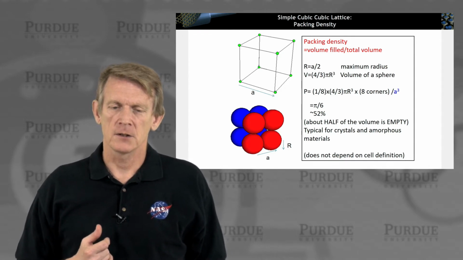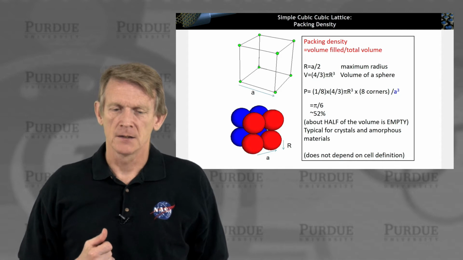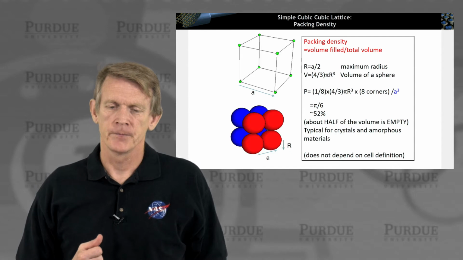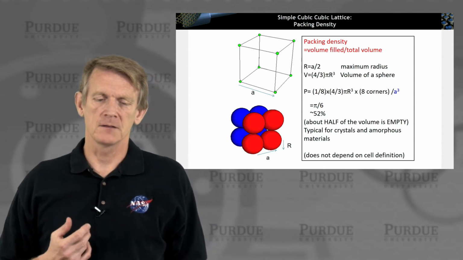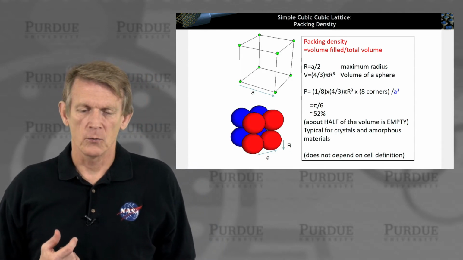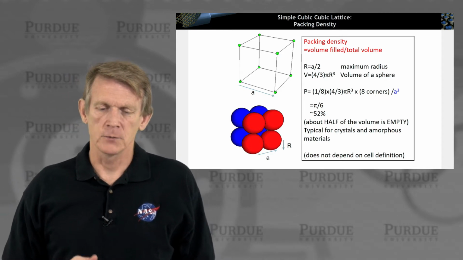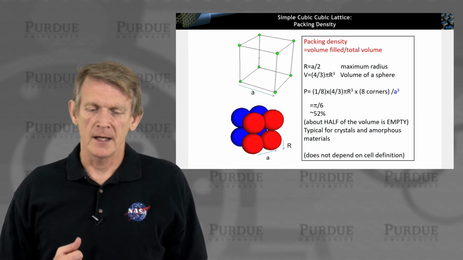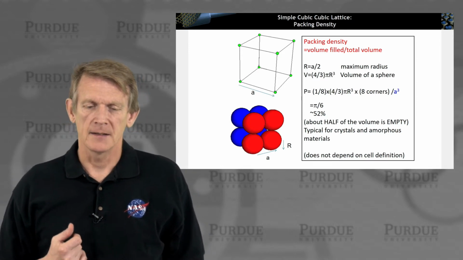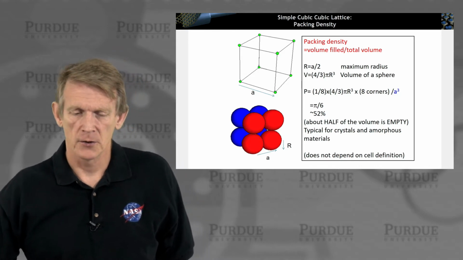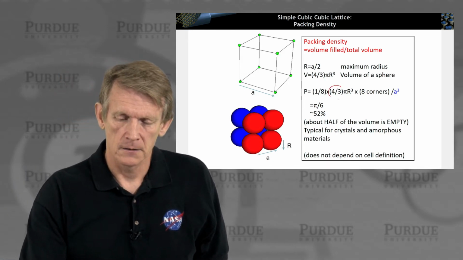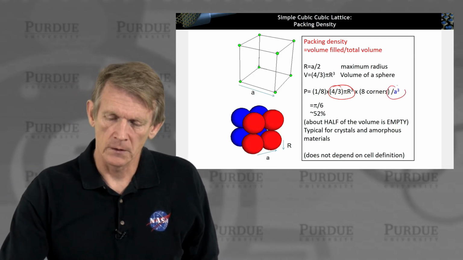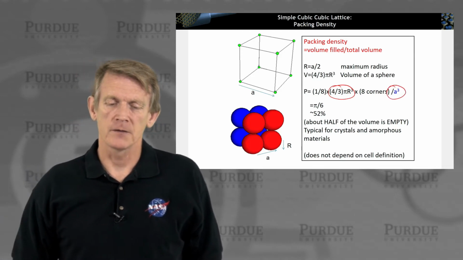And now we're going to calculate the packing density. The packing density is the volume filled with these spheres over the total volume that is available. All right, so we have 1/8 of an atom and 8 corners, and so we have really 1 atom per unit cell. It takes the volume of 4/3 pi r cubed, and we divide by the total volume of the cell, and we get pi over 6.